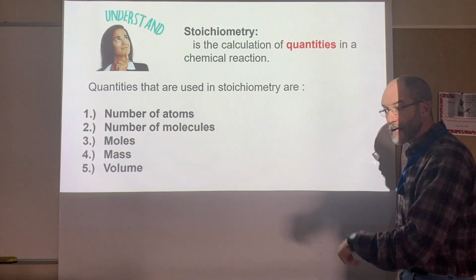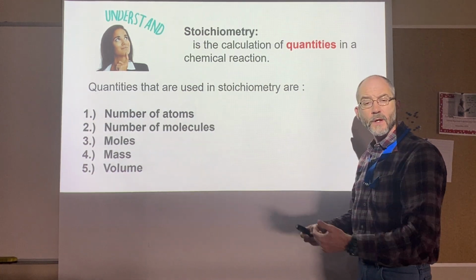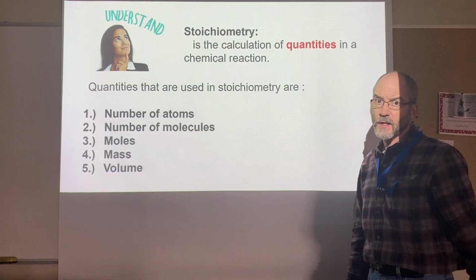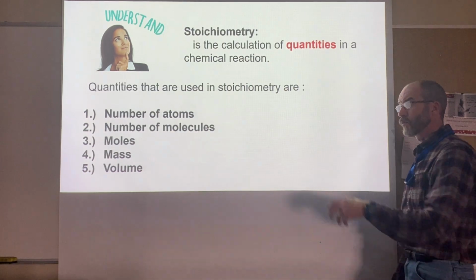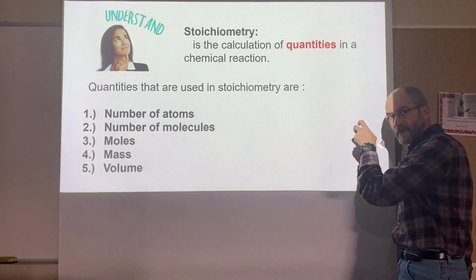So today is the day where we really want to start diving into the arithmetic of stoichiometry. All right, we want to have what we're given, but there's something that we're going to want to find.